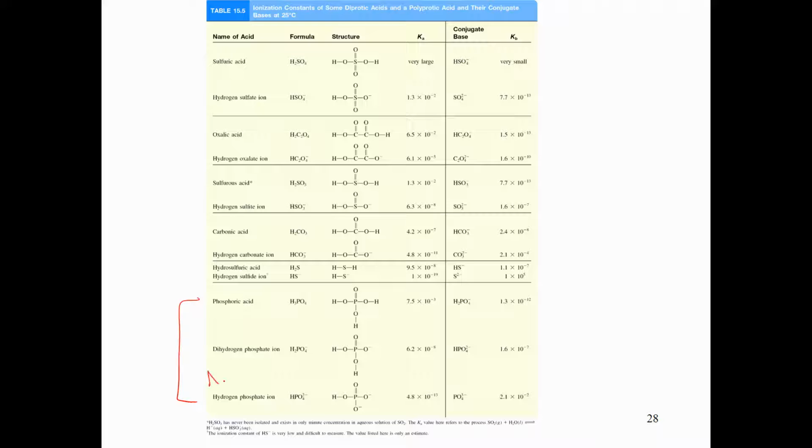Na2HPO4. Okay. Sodium hydrogen phosphate.